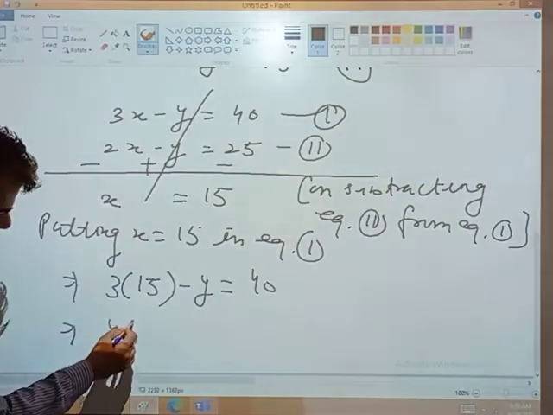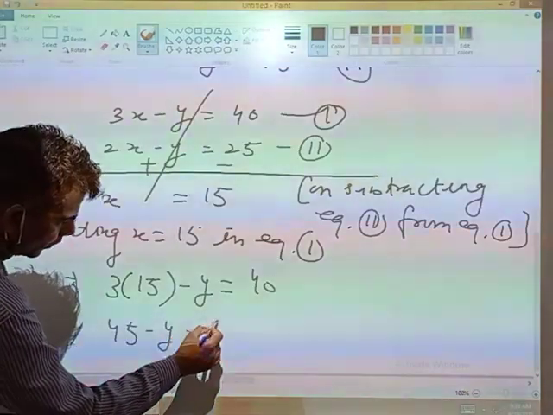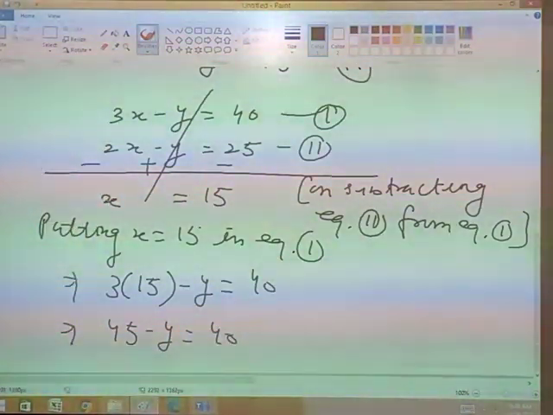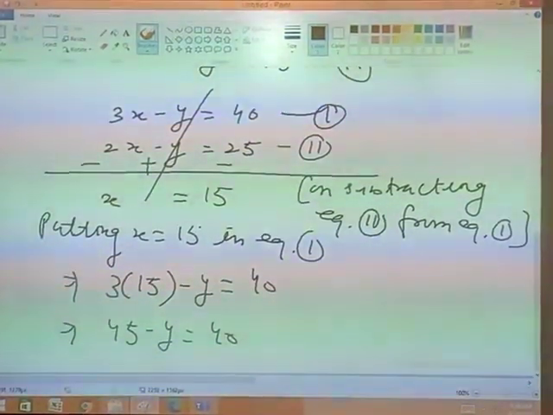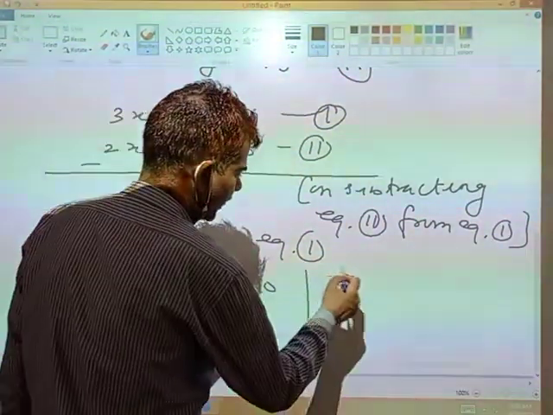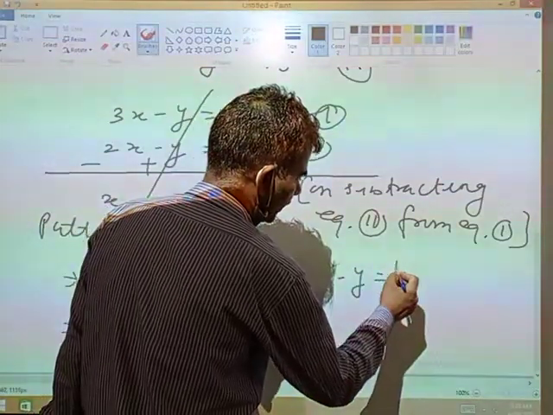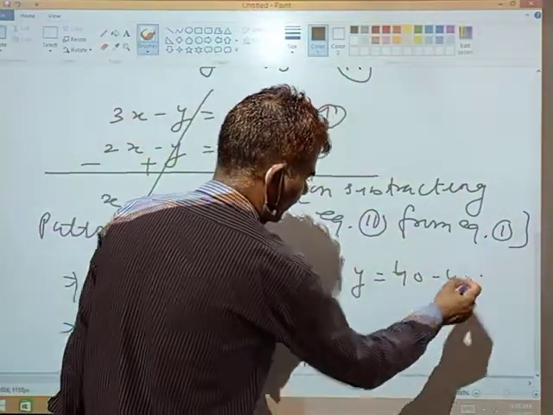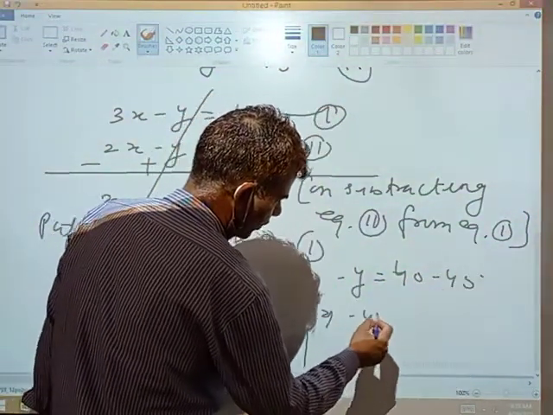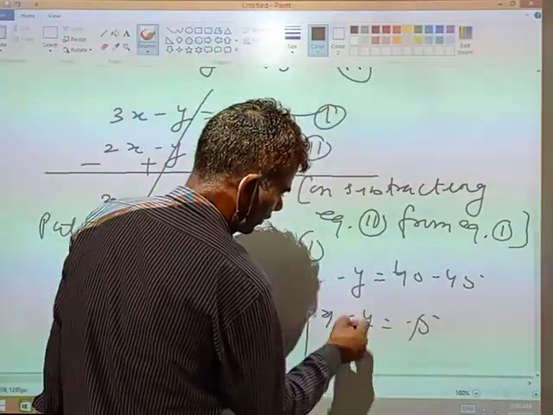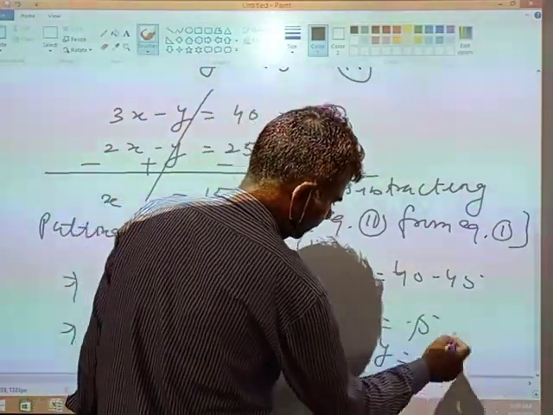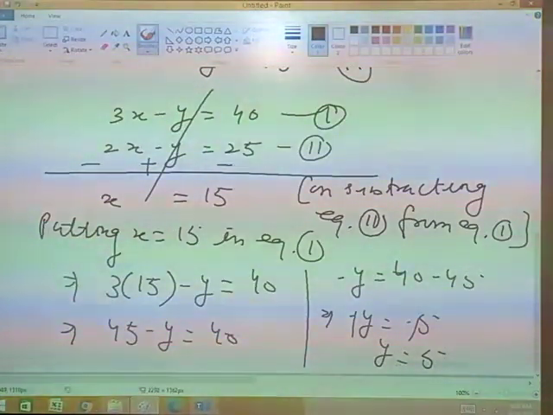That is 45 minus y is equal to 40. Now students, minus y is equal to 40 minus 45, minus y is equal to minus 5, so y is equal to 5.